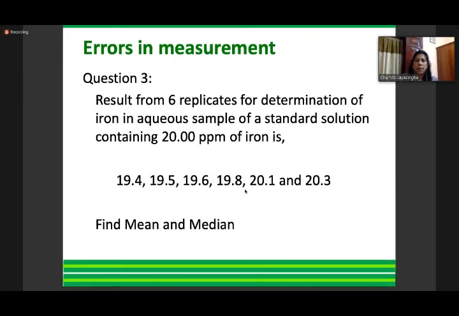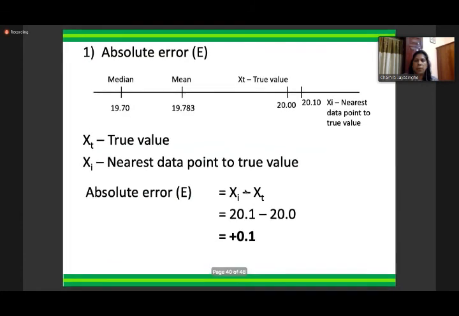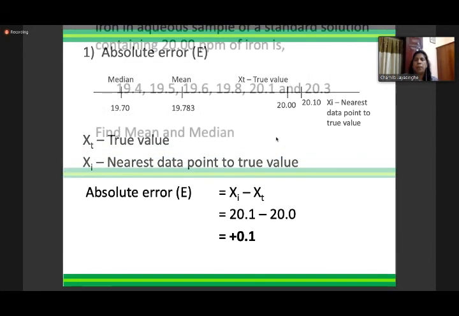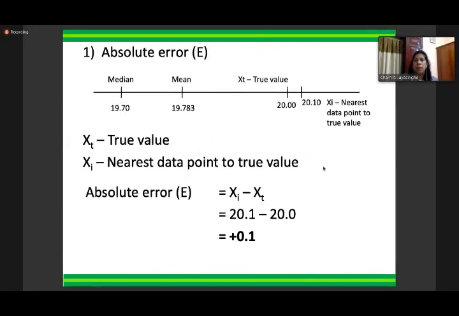Errors in measurement, right? So now let's learn about the absolute error. In the main case, the question can come for MCQs. Therefore, you have to clearly identify how we are going to calculate the absolute error. Absolute error we call capital E, and now you have calculated the median and mean.